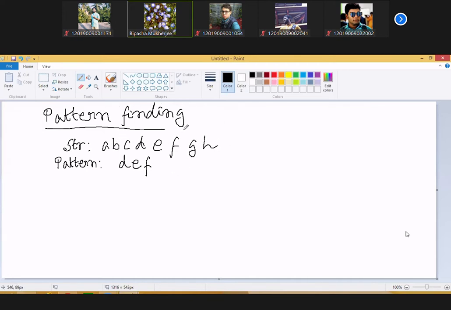But in case of pattern finding or pattern matching, the pattern as a whole has to be matched in this sequence. Fine, this DEF pattern, if you see here, you can directly observe that this string contains one DEF and this is DEF. Okay, done. But it's not about you, it's about the program. So how things can be done, and how things can be done efficiently, that is very important.